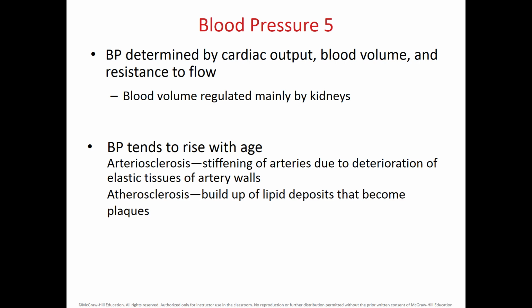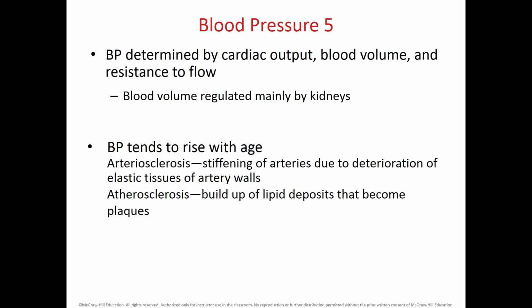What are the factors that determine the blood pressure? Well, it would be cardiac output, or the amount of blood that we pump per minute, the blood volume, and the resistance to the blood flow. So blood volume is usually regulated by our kidneys. And as we age, we have the tendency to have increased blood pressure.